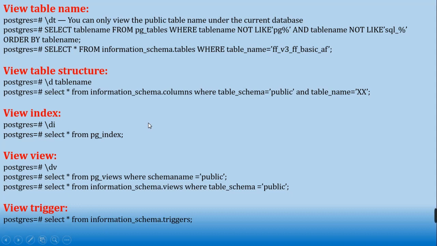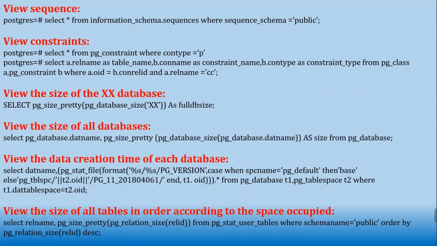Next, triggers. So select star from information_schema.triggers. We can view the triggers. Next, sequences.